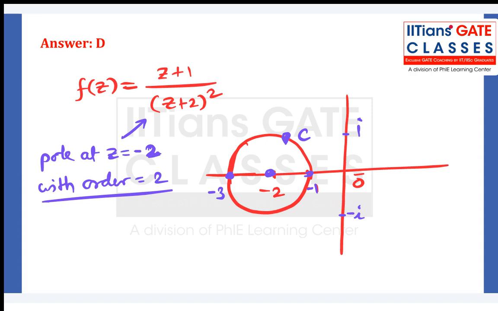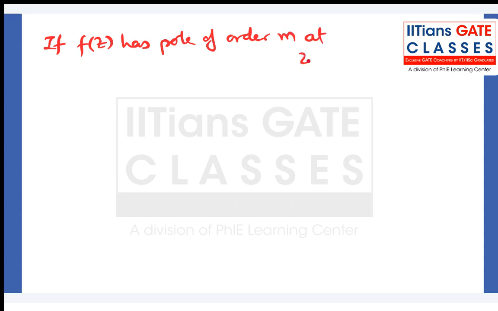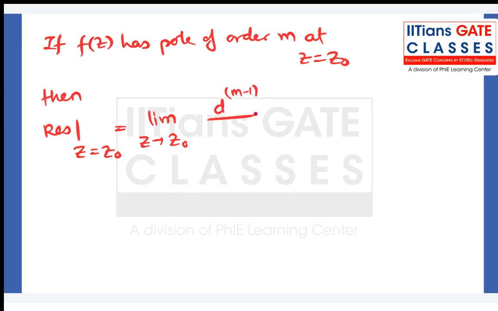When you have repeated poles, the general formula is this: if f of z has a pole of order m at z equal to z naught, then the residue at z equal to z naught is the limit as z tends to z naught of the (m minus 1)th derivative with respect to z of (z minus z naught) to the power m times f of z.